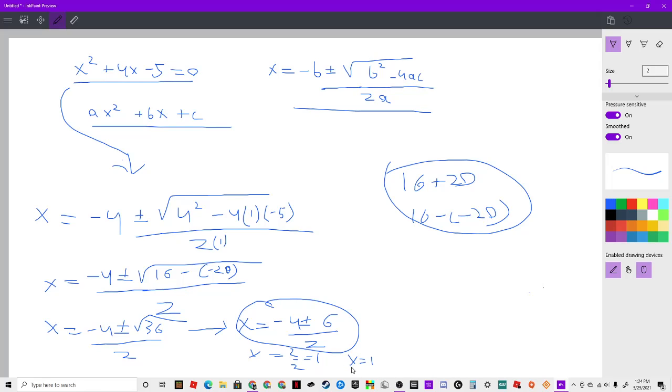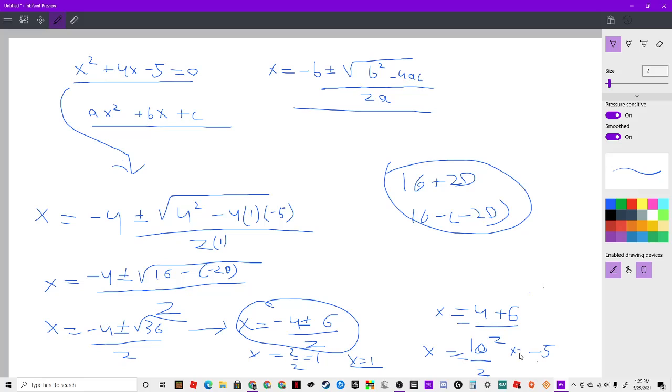So you have your first x. Then this time, instead of the plus, you would do x equals negative 4 minus 6 over 2. And this would equal x equals negative 10 over 2, which would come out to negative 5.